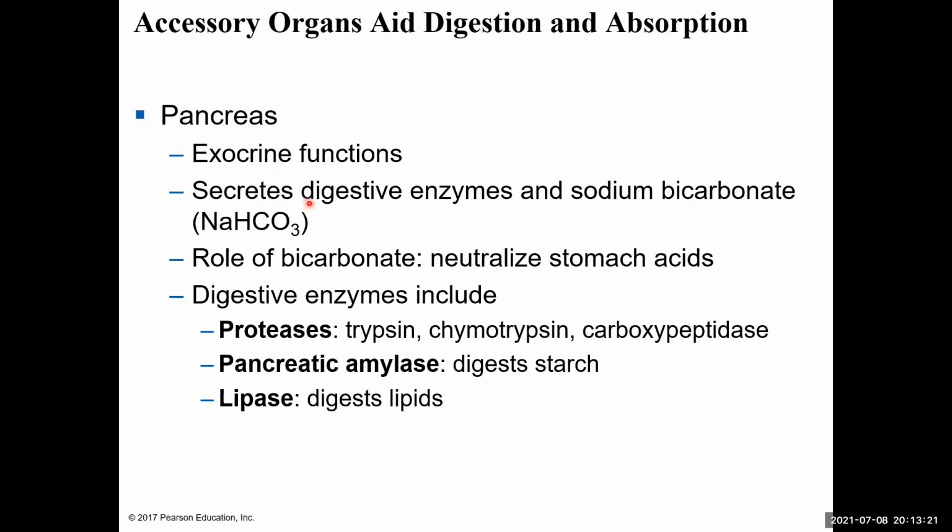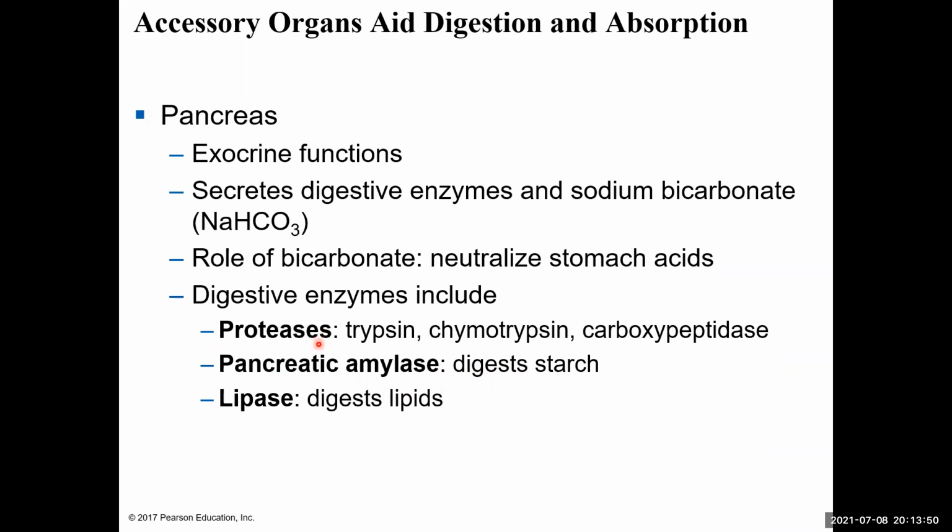And it secretes digestive enzymes and sodium bicarbonate. So bicarbonate is there to neutralize the stomach acids. And then some digestive enzymes that it releases are proteases, lipases, and pancreatic amylase. So that amylase digests starch. So you have a salivary amylase and a pancreatic amylase there to digest that starchy material.